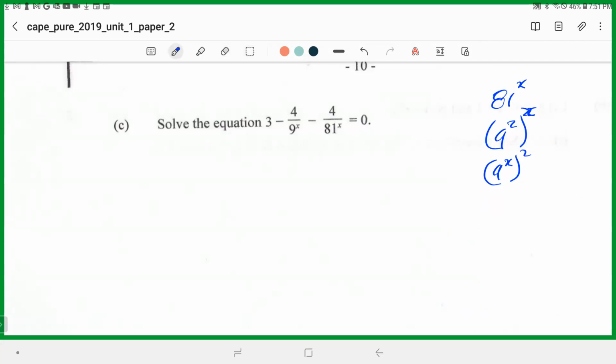So first I'm going to write it as 3 minus 4 over 9 to the x minus 4 over 9 to the x squared equals 0. I want to form a quadratic in 9 to the x.